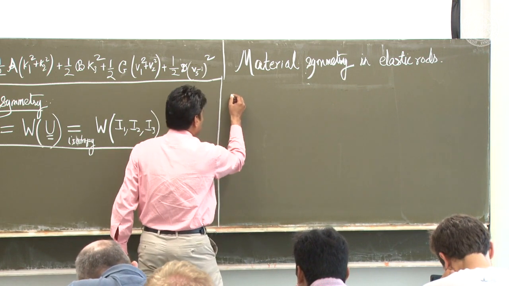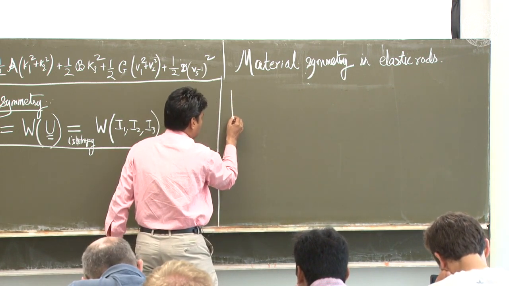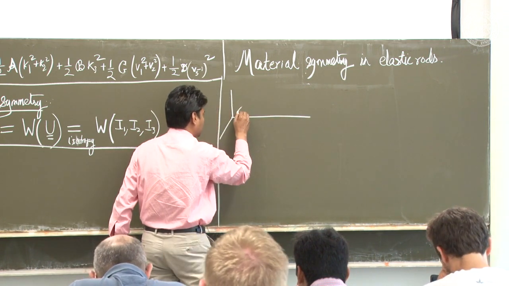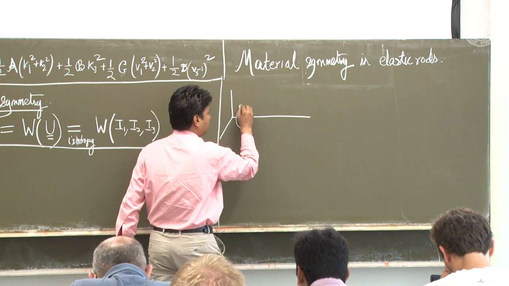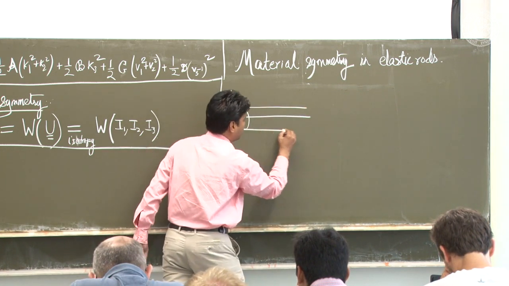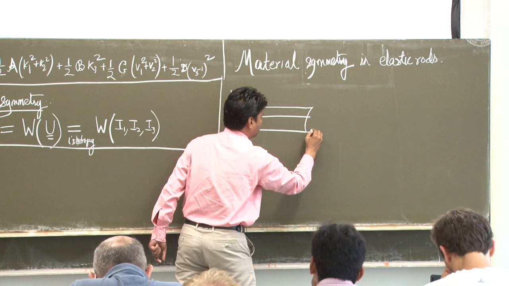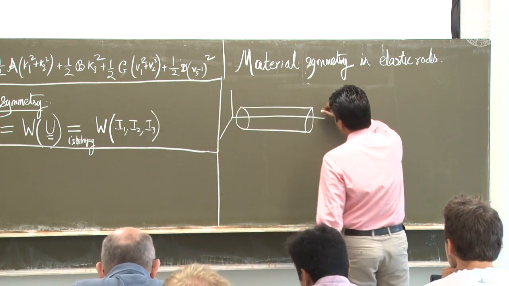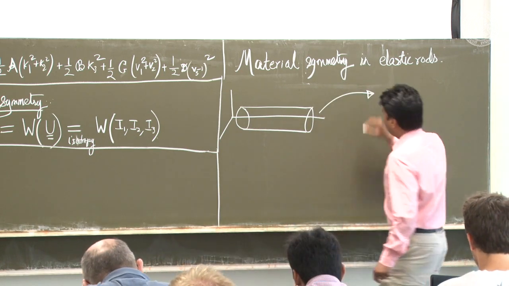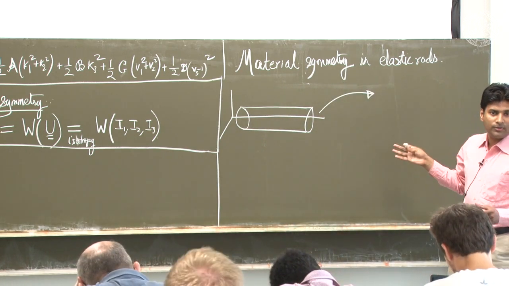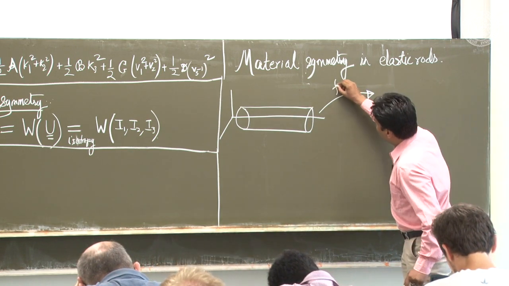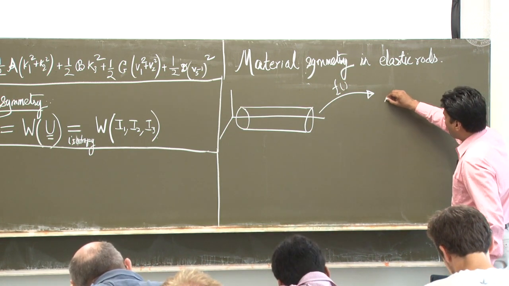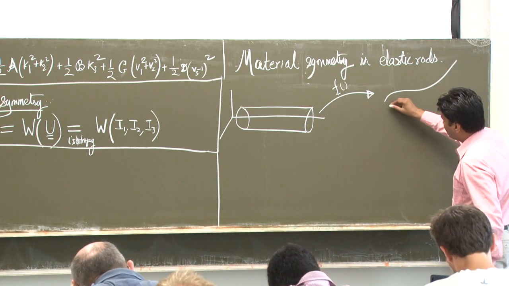Okay, so the idea is, let us suppose we have our beam or the rod in the reference state and I deform the beam or the rod through some deformation map, and the rod maybe undergoes this deformation.